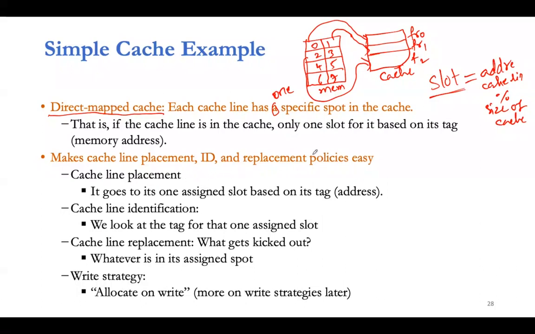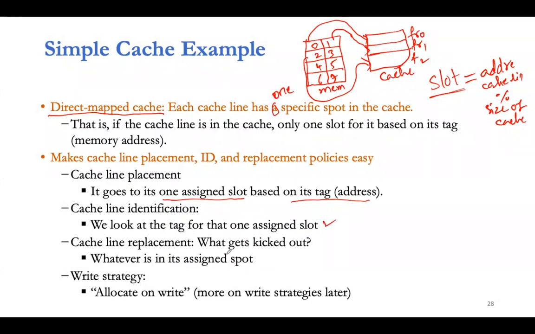In cache line placement, as we just said, it goes to its one assigned slot based on its tag address. For the cache line identification policy, we look at the tag for that one assigned slot.